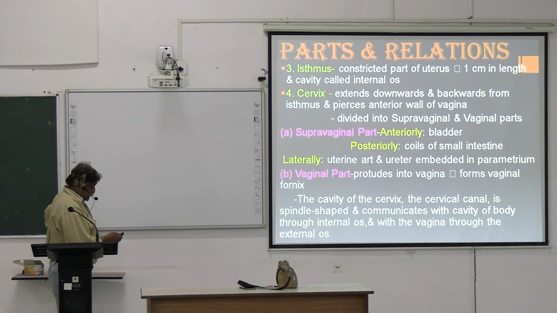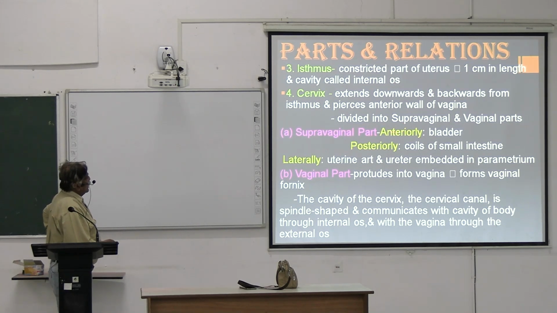Now, parts and relations. The isthmus, a constricted part of the uterus, 1 centimeter in length, and its cavity is called the internal os. The cervix extends downwards and backwards from the isthmus and pierces the anterior wall of the vagina, divided into supravaginal and vaginal parts.